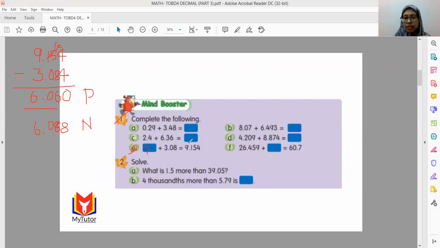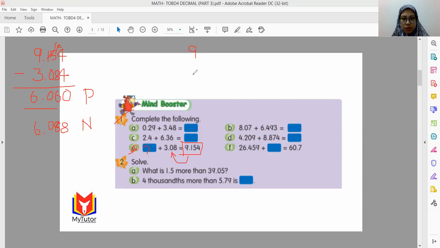What you need to do is take the answer, and then you subtract the number that you have here. In this case, the answer is 9.154, and you have one more decimal number here, 3.08. You subtract it.